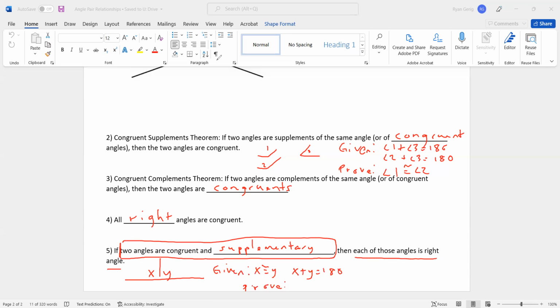We want to try and prove that each of those is a right angle. So x and y, I'm going to write that a different way. X and y are 90 degrees. Well, that should make sense, because if I do a substitution, x and y are equal, I could say x plus, instead of y, I'm going to put x equals 180.